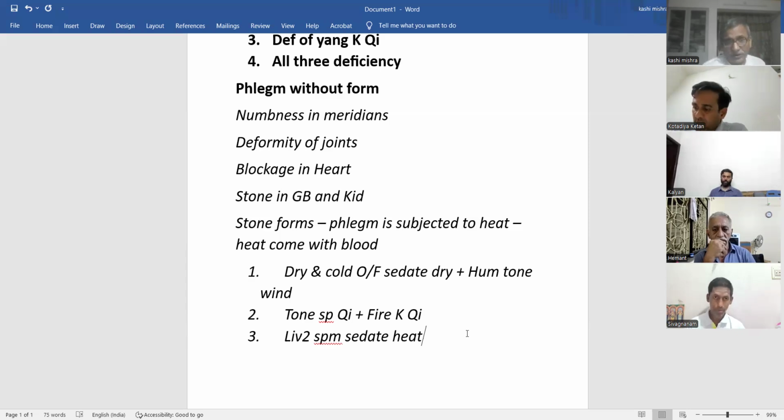Deformity of joints. When the invisible phlegm with blood reaches the tiny capillaries at the joints and occludes the free flow of fluid, the Bi syndrome appears. Bi syndrome जानते हैं ना? बिल्कुल कड़ा हो जाता है. The joints get stiff and later deformed in due course.